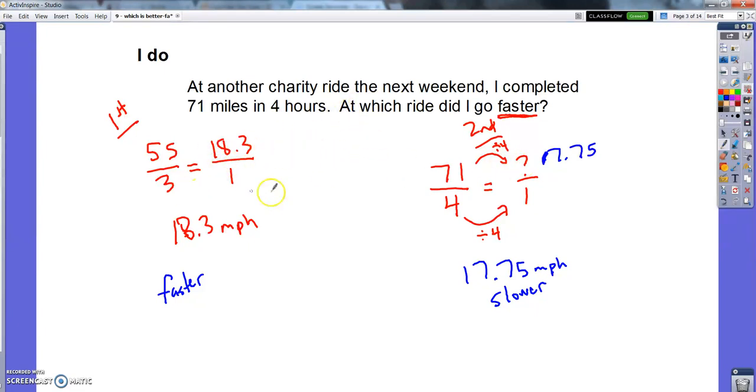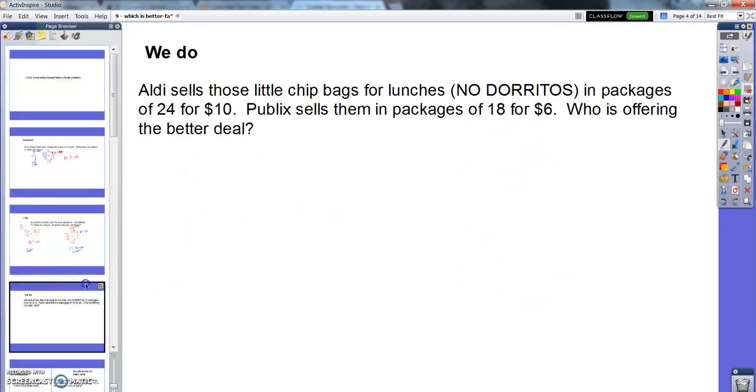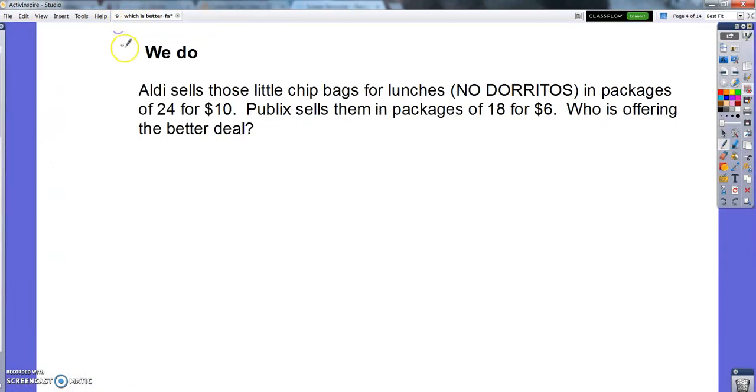We're going to find 2 different unit rates and see which one's better. For our we do, go ahead and open your math notebook. We're going to do a money one. Which is cheaper is another common compare-the-unit-rates kind of problem. Aldi sells those little chip bags for lunches, no Doritos, in packages of 24 for $10.